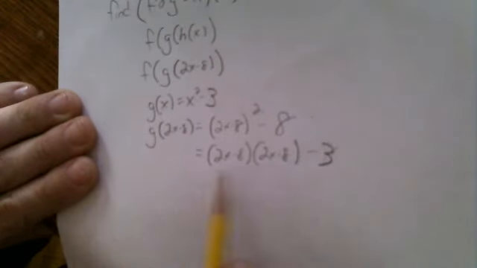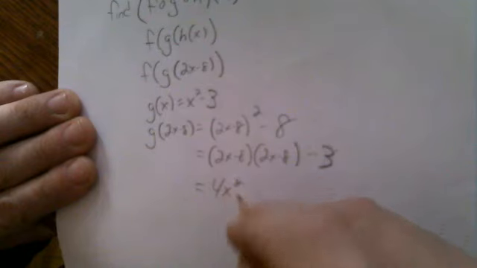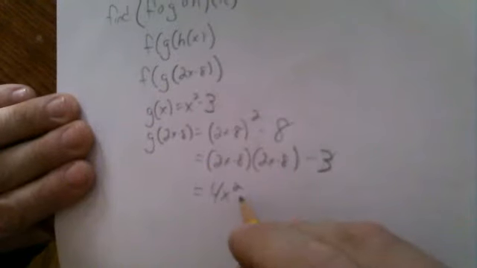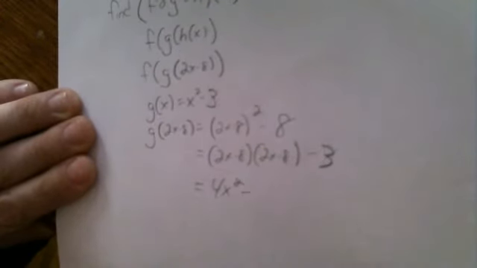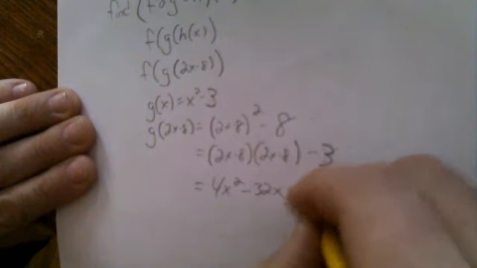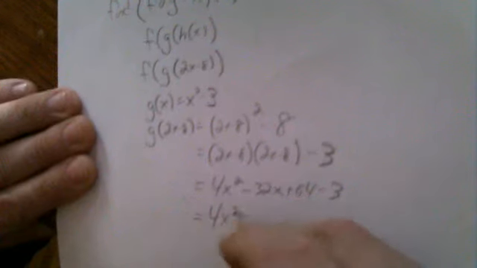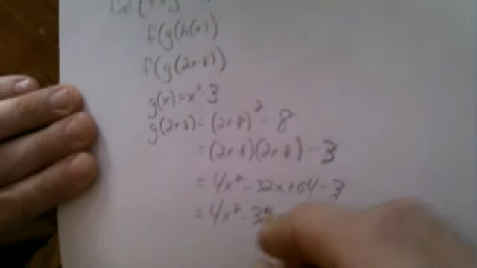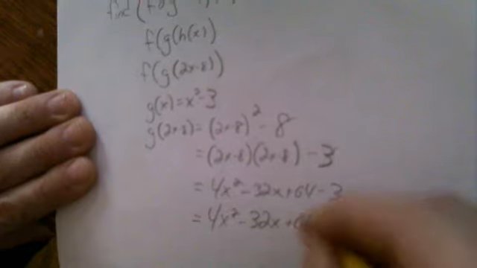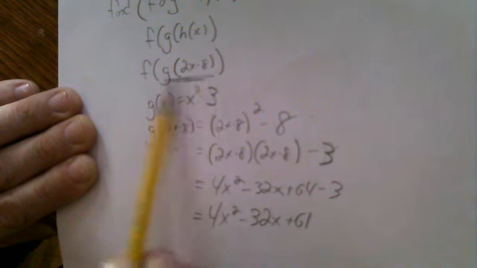So after we do a little side work and FOIL this out, you should end up with 4x squared minus 32x plus 64 minus 3, which is 4x squared minus 32x plus 61. So this is g of 2x minus 8.